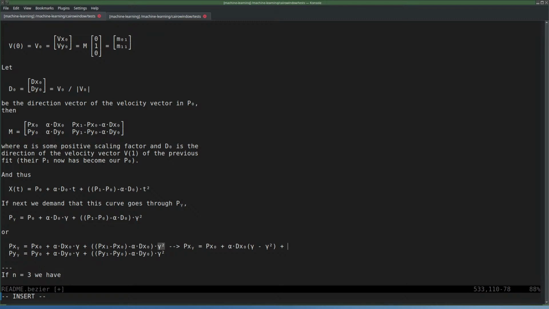Plus that times gamma squared. Ain't that correct?